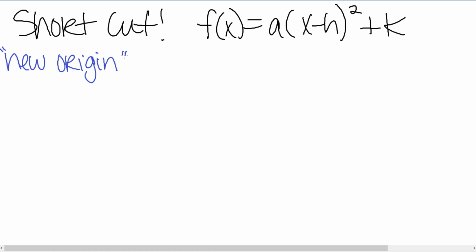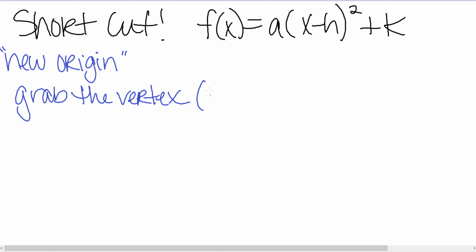I'm making this idea up. So I'm going to grab the vertex. So that's your h and k. And once I grab the vertex, that's going to be my new starting point, my new anchor. And then from there, I can just do my regular parent function, but from that new origin.